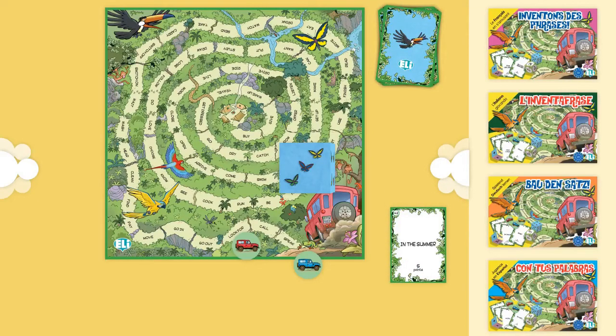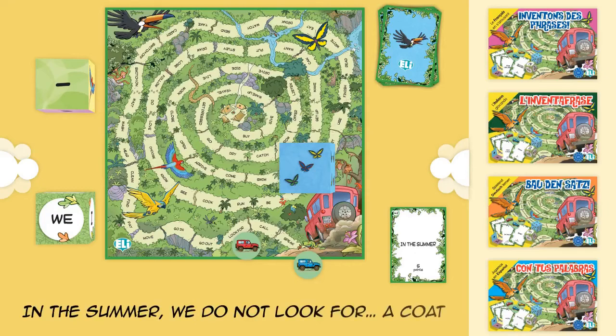A member of the opposing team rolls the personal pronouns die, while another rolls the sentence forms die. Now the team has all the required elements to formulate a sentence. Remember, it must have a clear meaning. In the summer, we do not look for a coat. If the team formulates a correct sentence, it earns the points on the card, and the card is placed at the bottom of the pack.